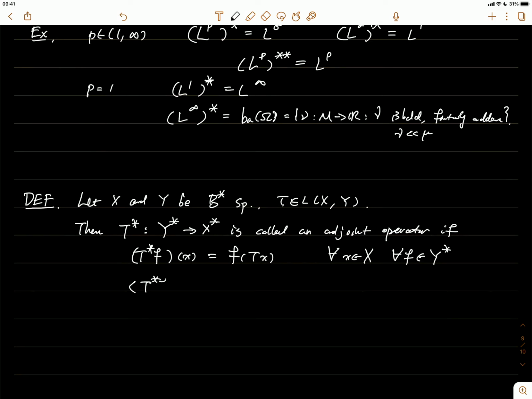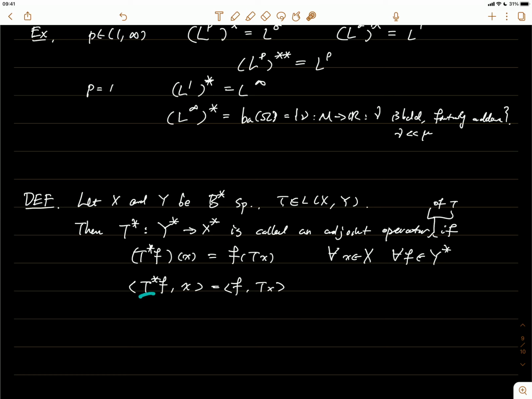This can be written on the left-hand side as applying T star of F, which is in X star, to some element in X. And on the right-hand side, you can think of this as applying F to Tx, where F is in Y star and Tx is in Y. If these two are always equal for any x and any F, then we call T star the adjoint operator of T. So from this notation, you can imagine why we call it the adjoint operator.